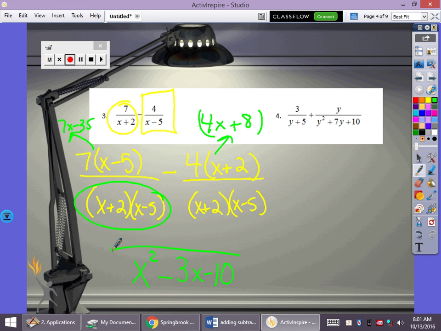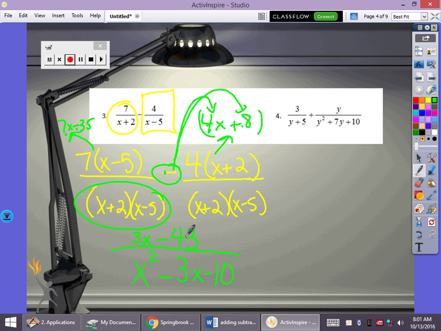Now, very careful. This is minus, so I have to distribute it to each part. So I have 7x minus 4x, which is 3x. I have negative 35 minus 8, which is negative 43.